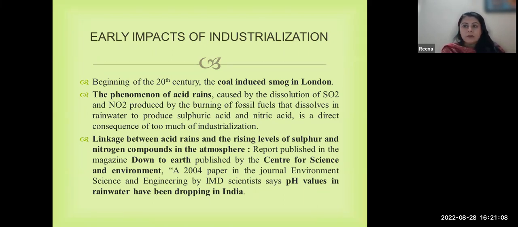What does the pH level dropping indicate? That the pH level is going more and more acidic. Your neutral pH is 7. Anything above that is alkaline, and anything below 7 is acidic. The normal pH of rain is around 5 or 5.5, which is dropping every year.